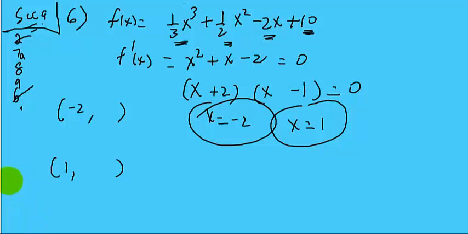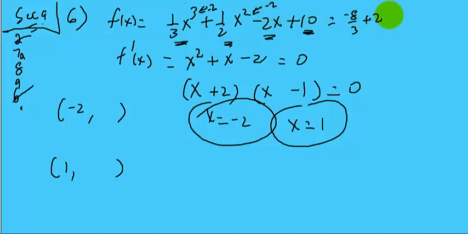Okay. Now we have to put in -2. Where do I put in -2? Original one. -2 here, we'll make that into -8. Okay, that would be -8 over 3. -2 here, we'll make that into a 4 over 2, which is 2.